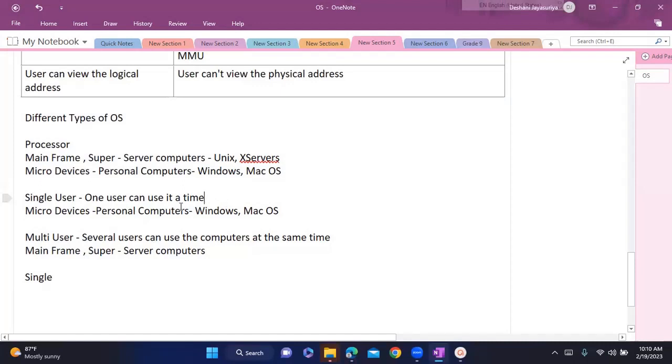There's another one that we use, the disk operating system, DOS. Write the full form of these. Disk operating system means DOS. Before we got Windows, there was an operating system being used, which is DOS, MS-DOS.